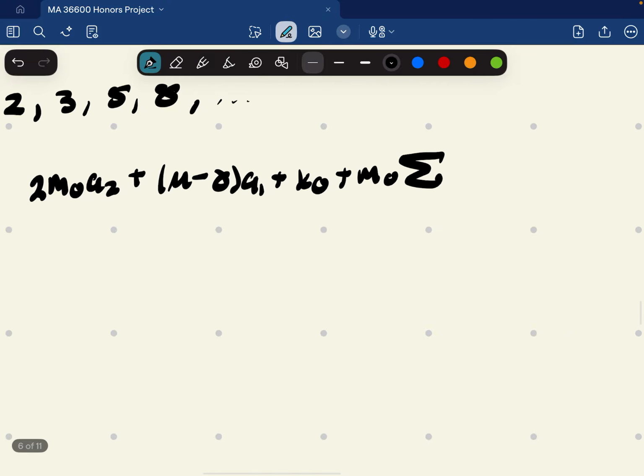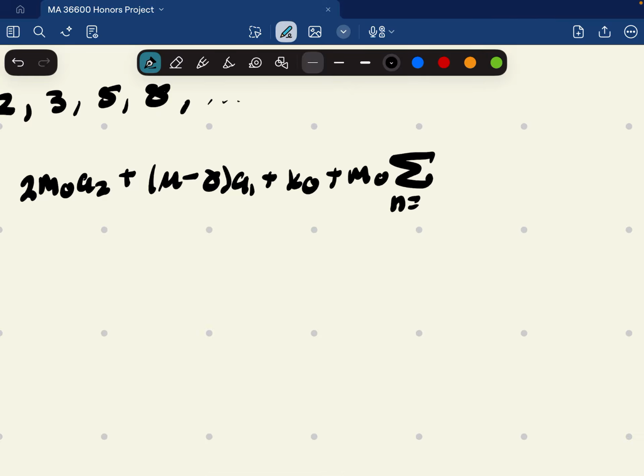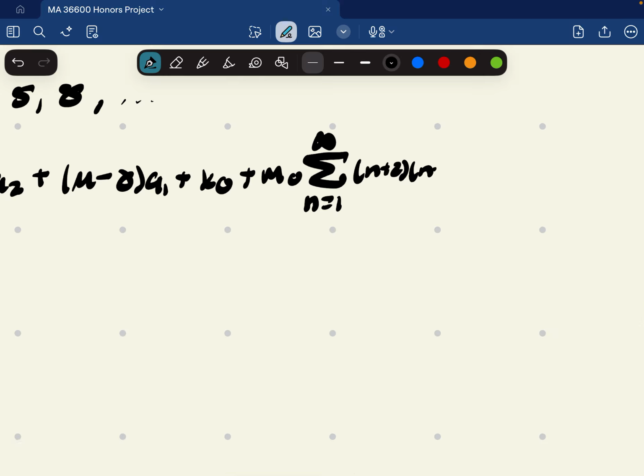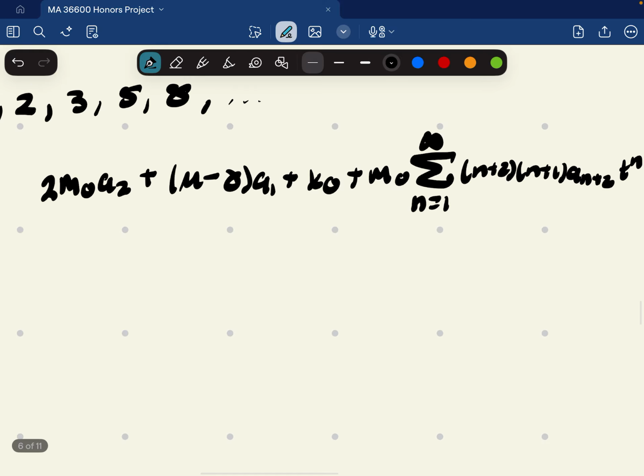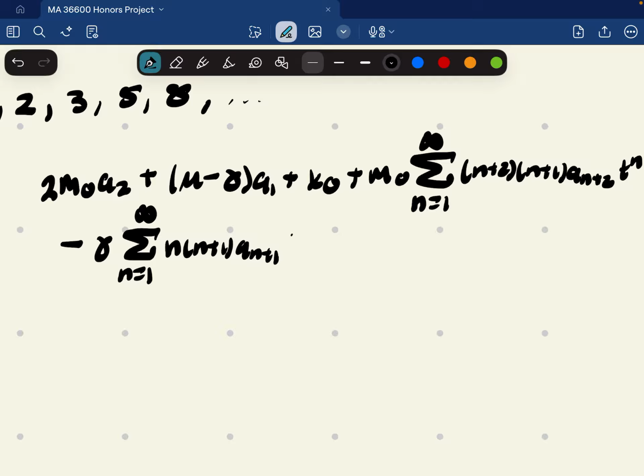Then you start expanding out the sums. I end up re-indexing a lot of these sums, and re-indexing just means I change the indexing variable so that they all start the same, just to make it a little bit nicer. Once again, I'm writing out this big ugly thing, but anyway, you re-index all the sums, simplify some things, and start expanding out all your terms. So, wow, that's a lot to write here. Sorry.